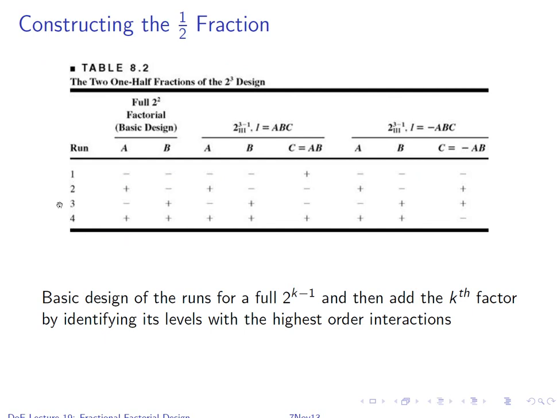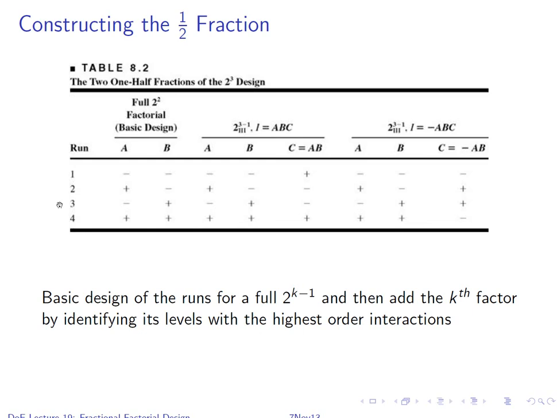Unlike the initial case that we did. So we're going to start with a subset of a design. So let's assume that I have 3 factors, each at 2 levels, so the full factorial design is 2 to the 3. I'm interested in constructing a 1/2 fraction, which would mean 4 experimental runs.